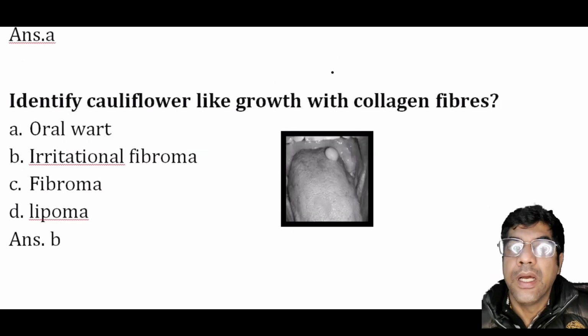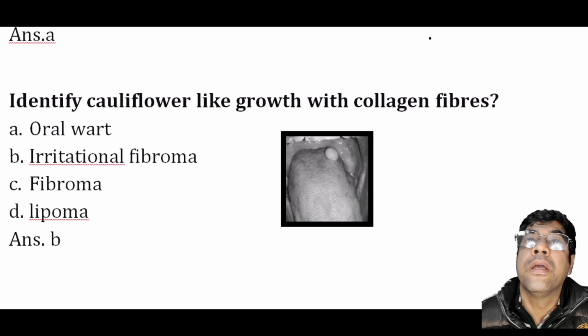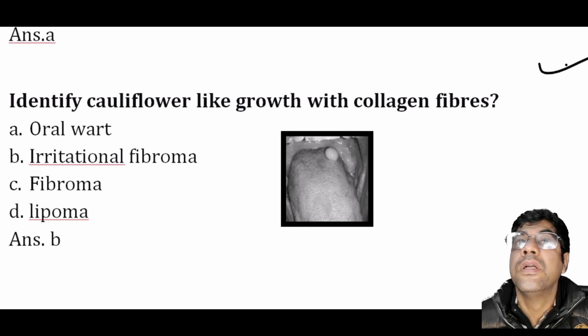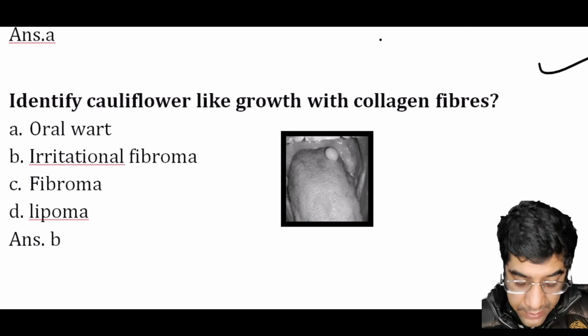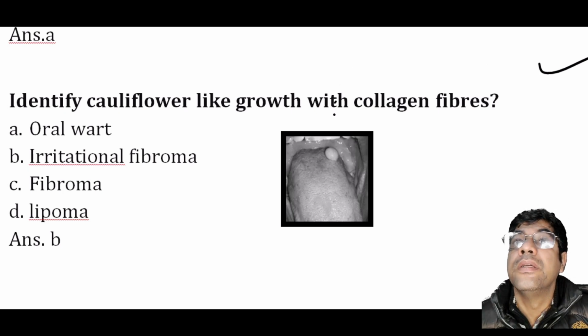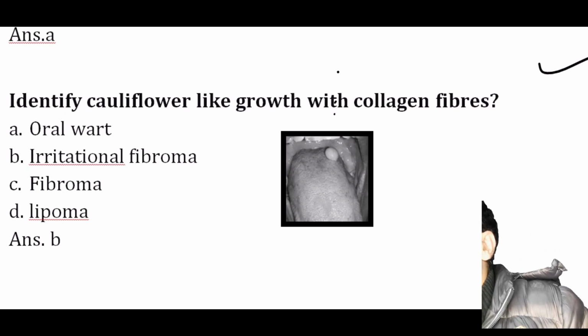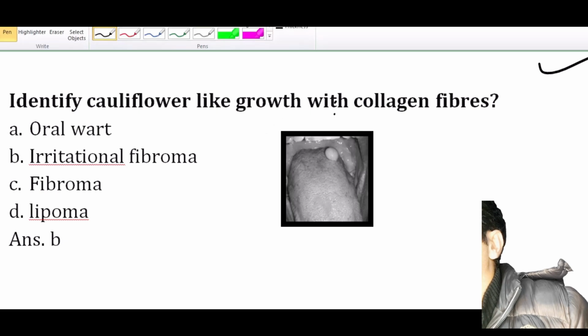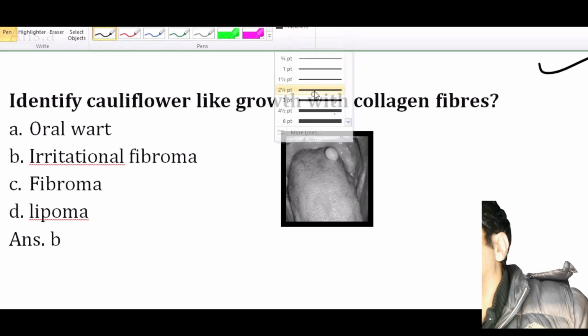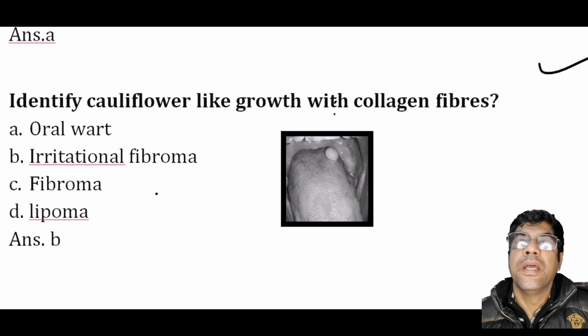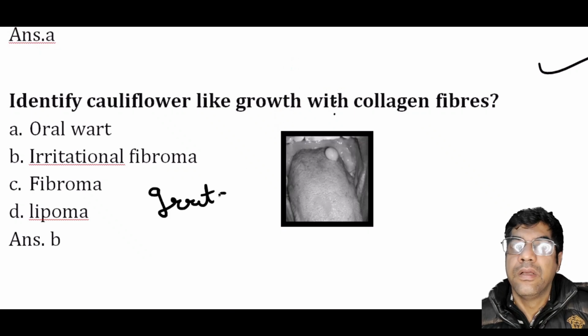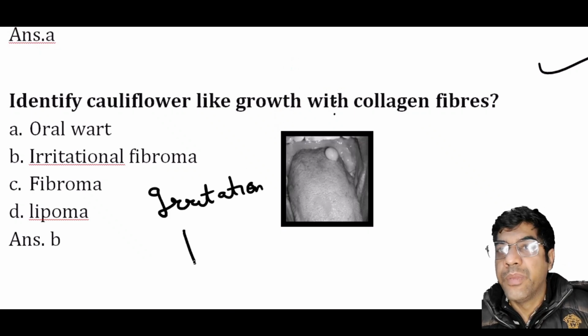Coming to the next question, identify the cauliflower-like growth with the collagen fibers. So the answer here is irritational fibroma.